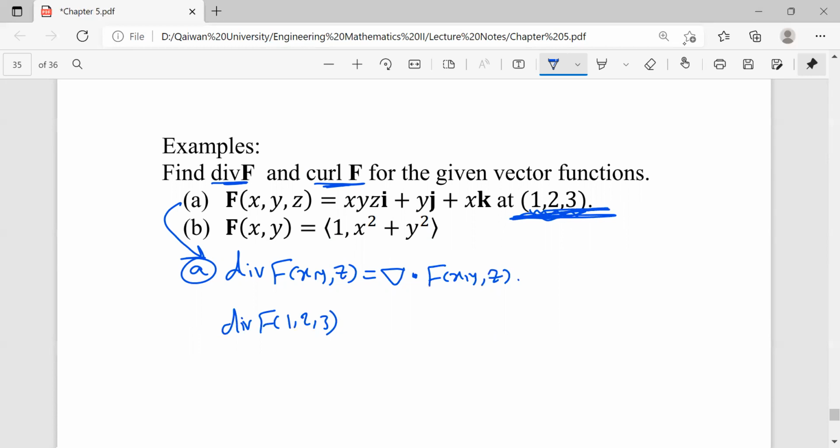We first do the dot product, then find the value at that point.